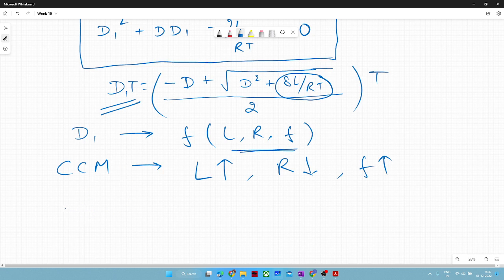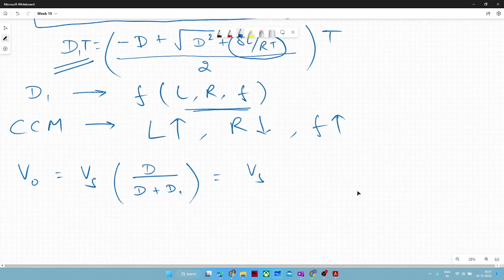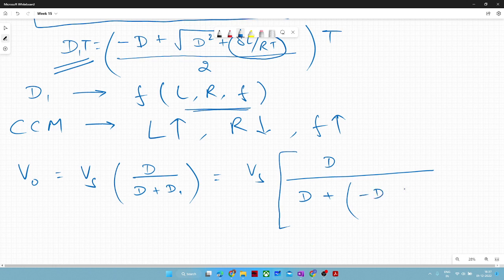And finally, I would like to write V naught and Vs in terms of D and D1. So we wrote it as D by D plus D1. And now we can write D divided by D plus D1, where D1 is nothing but minus D plus square root of D square plus 8L by RT, divided by 2.